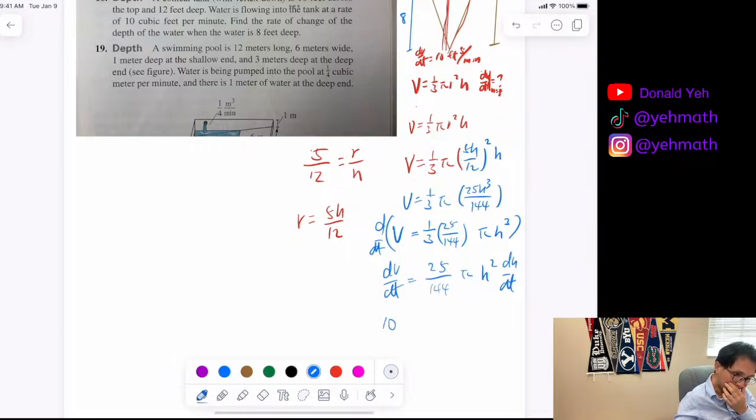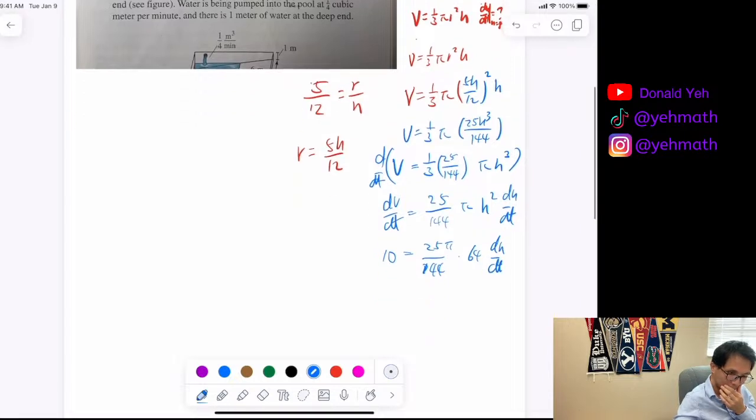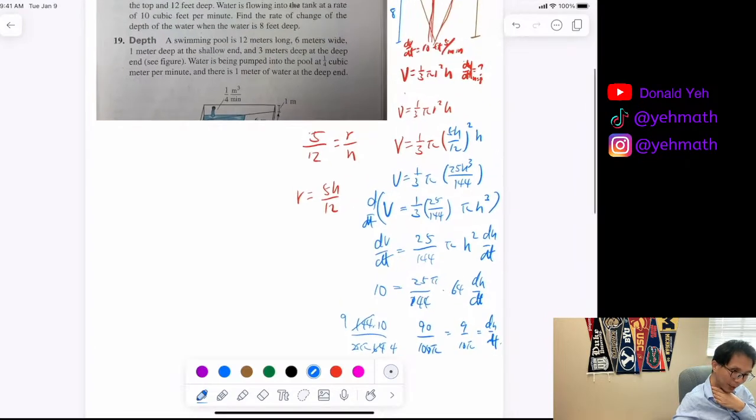So dV dt equal to 10, and this is 25 pi over 144, times h squared, which is 64, and the dh dt. The only thing we don't know is dh dt, so it's 144 times 10 over 25 pi. They can both be divisible by 16, so it'll be 90 over 100 pi, and that's equal to 9 over 10 pi, which is equal to dh dt. And that's my answer here.